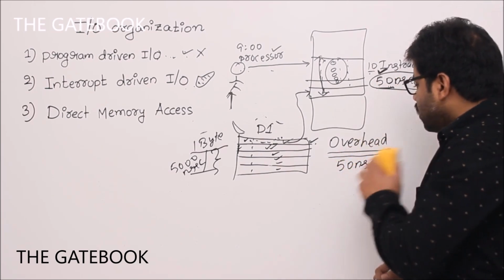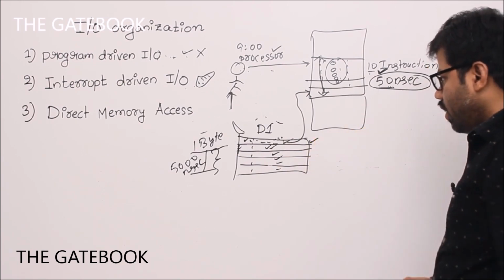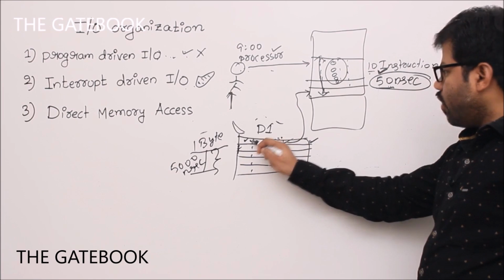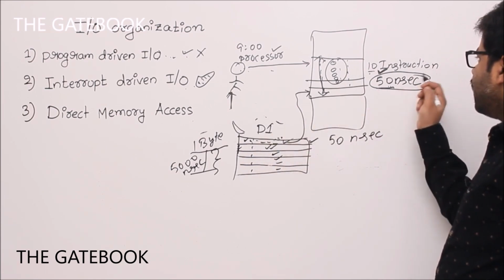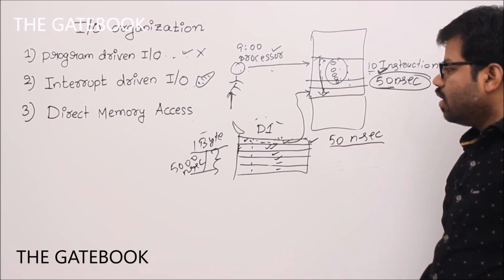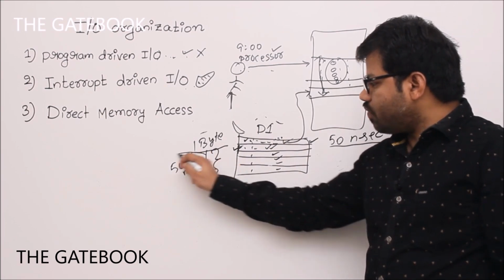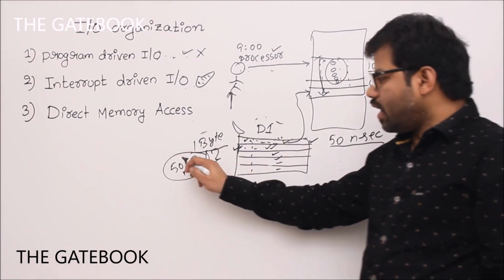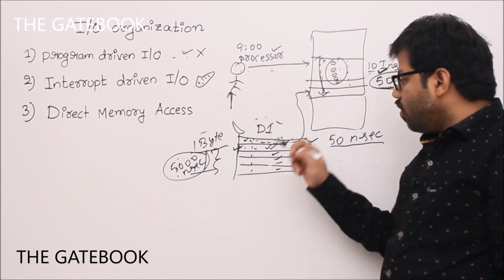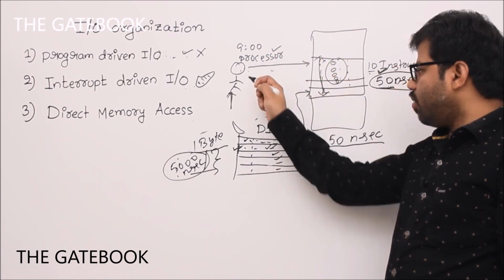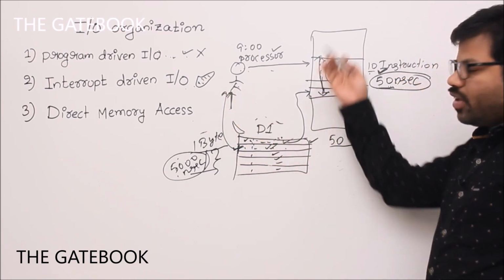Now you see how much time we will be using the CPU in this interrupt driven IO. First of all we transfer 1 byte, so we take 50 nanoseconds, right? Each instruction takes 5 nanoseconds. After that we have another byte. Whenever there is a byte, sir, what about this 5000 nanoseconds? In this 5000 nanosecond time the CPU is not busy, it is doing something else. Again you have data, then we have to interrupt it. Whenever you interrupt it, the CPU will come, send the data and go away again.